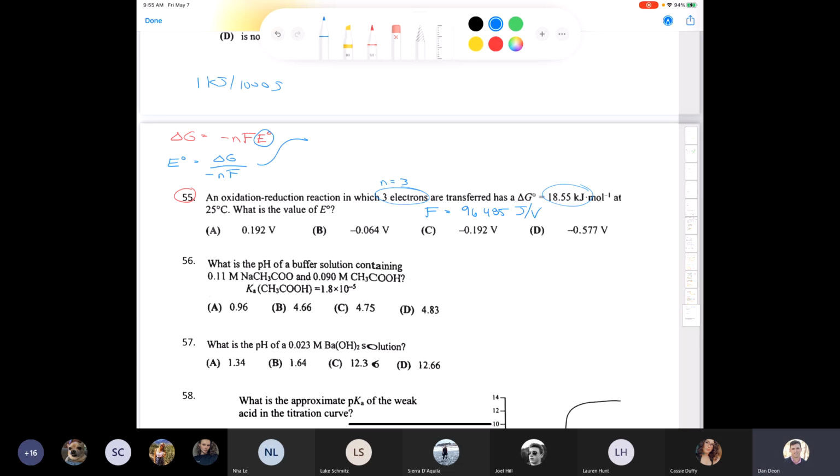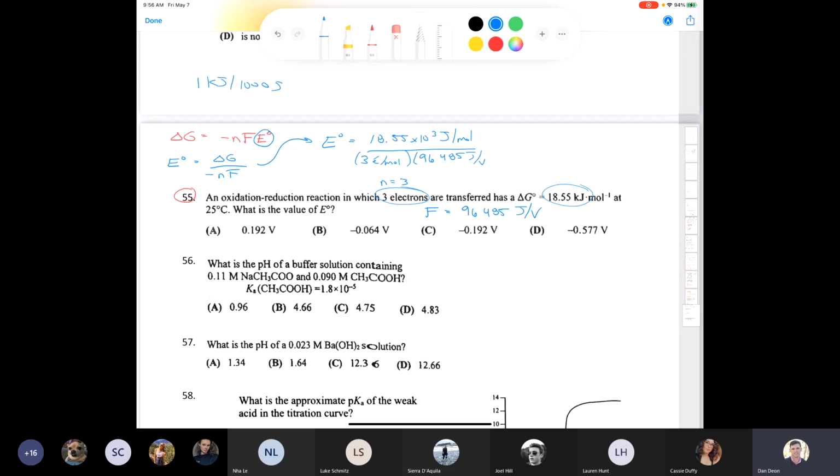So when I plug in some numbers, I get that my E naught is equal to 18.55 times 10 to the power of 3 joules per mole, divided by N, which is 3 electrons per mole transferred in the reaction, multiplied by the Faraday constant. You can use 96,485 or 96,500; either way, you're going to get the right answer.